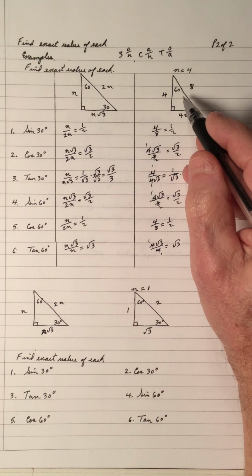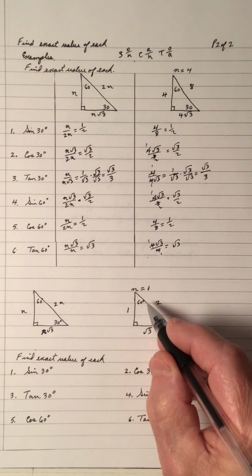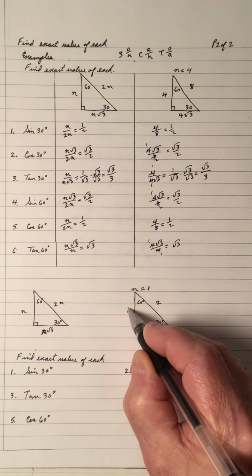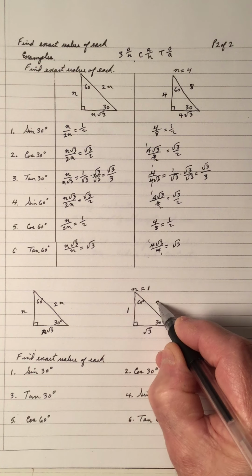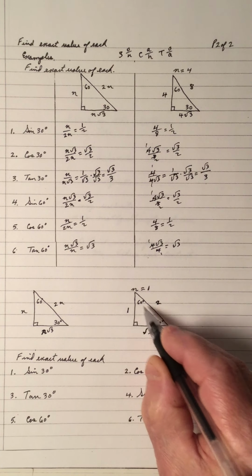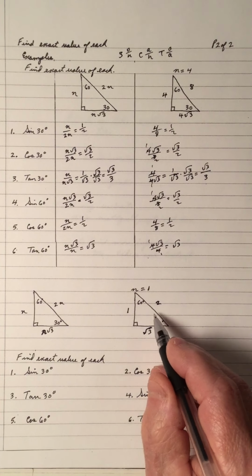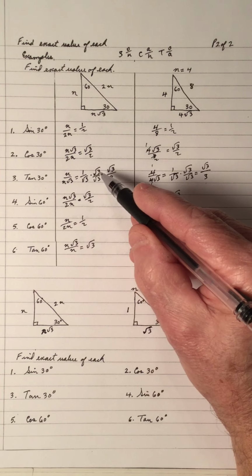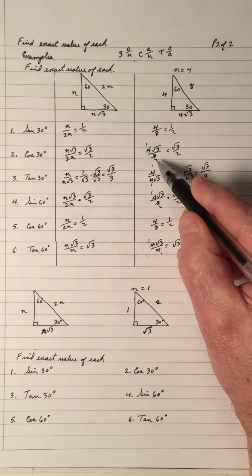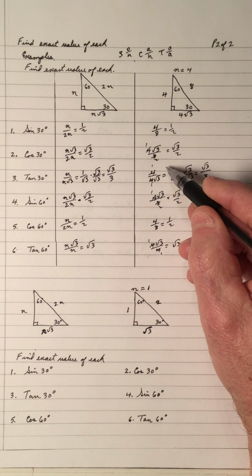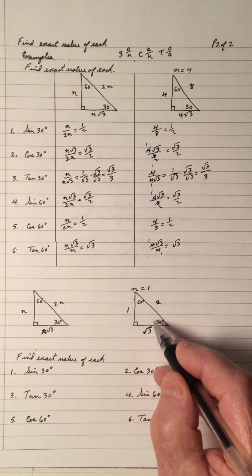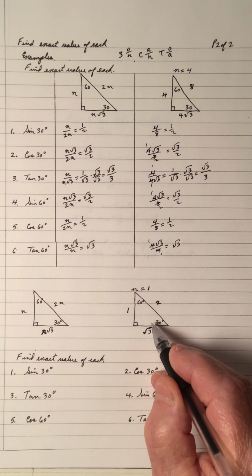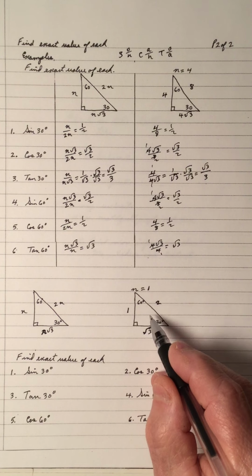You could use whatever one you want, but I'm going to use the one where opposite 30 is 1, the hypotenuse is 2, and opposite 60 is root 3. If you use this one, then you have no simplification, like up here, where I had to cancel out the common factor in the numerator and denominator. This stays in your head for all the trig. I will use this one all the time.